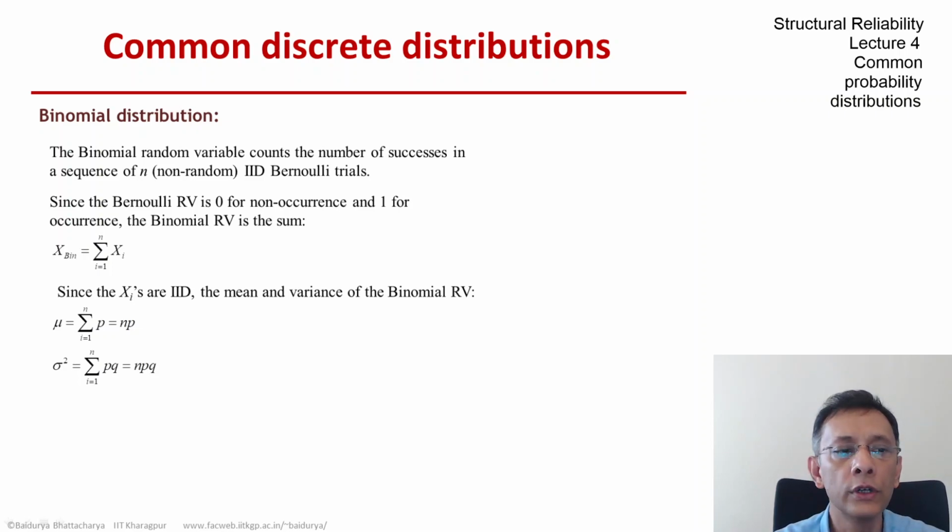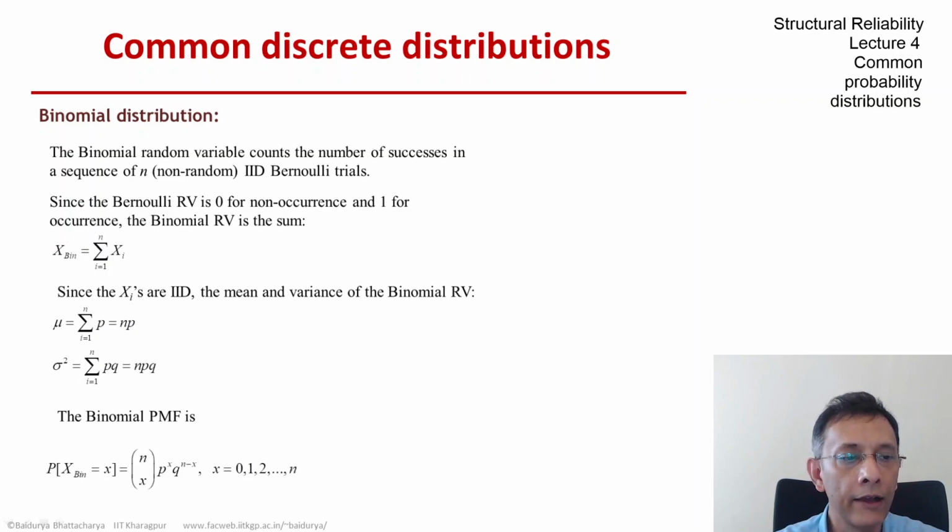I can also derive the PMF of the binomial from the basic definition. If I have a particular sequence of those n trials and x of them are successes, so there will be n minus x failures, the probability of that sequence would be p to the power of x times q to the power of n minus x.